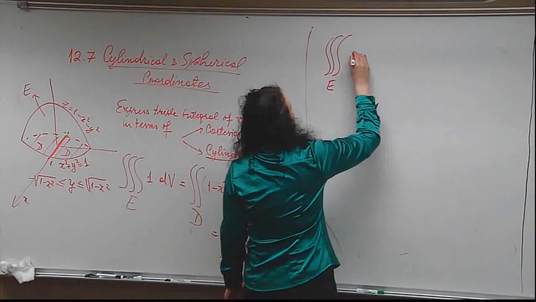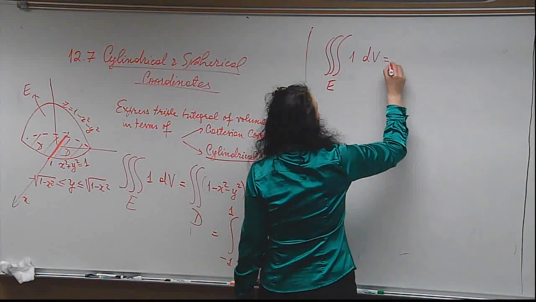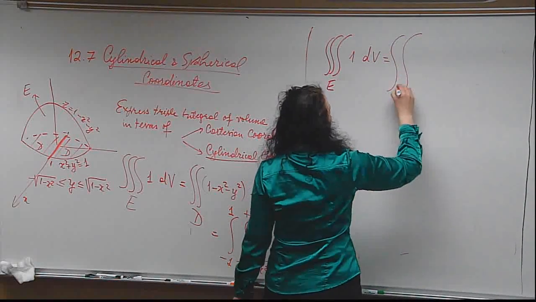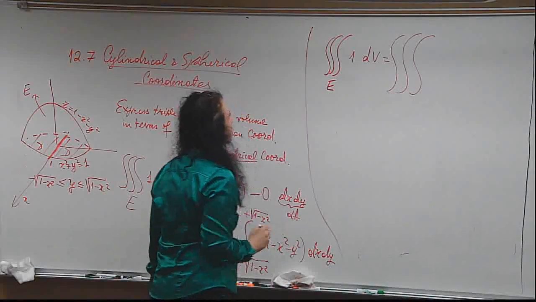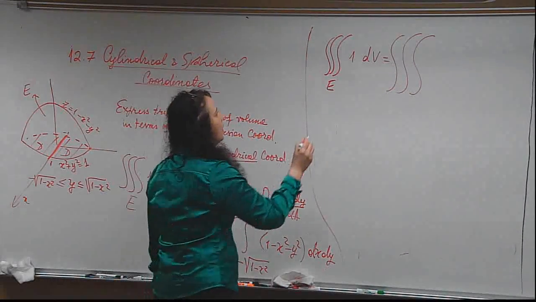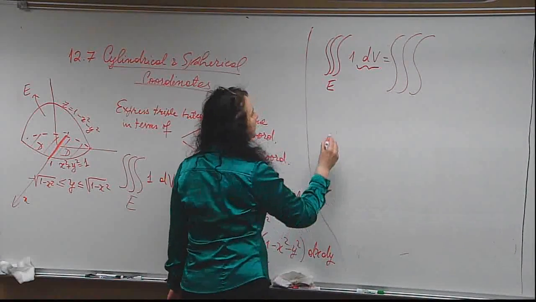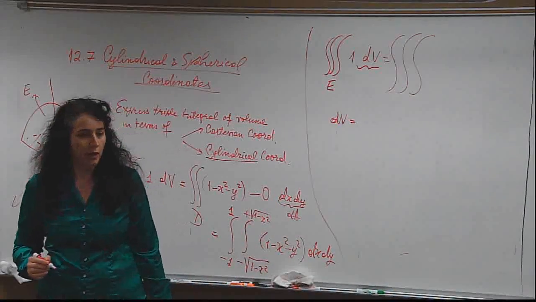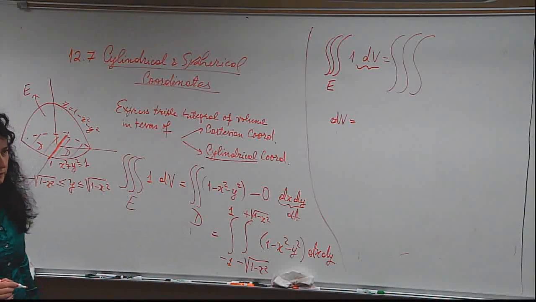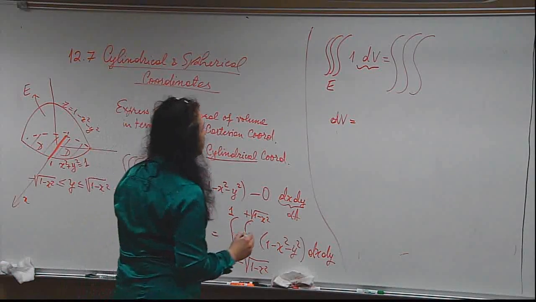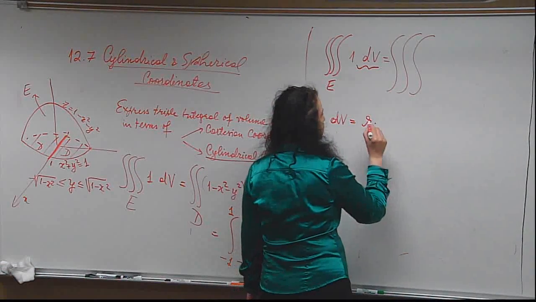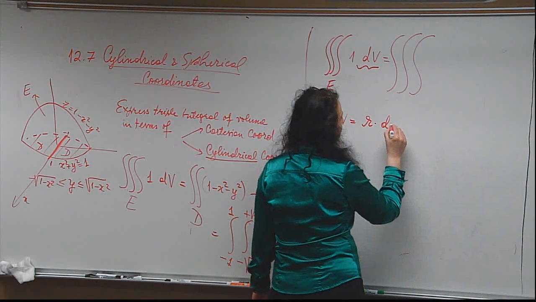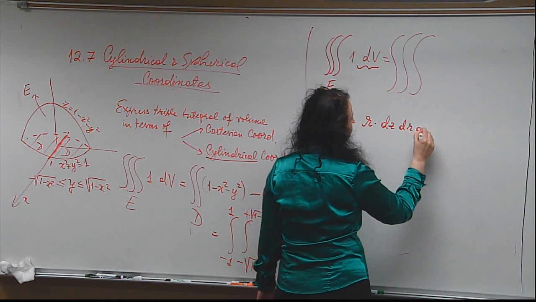1 dV. What will be the volume element? Because the volume element, when I switch to polar, is not going to be dr d theta dz. It's going to be r times dz dr d theta.